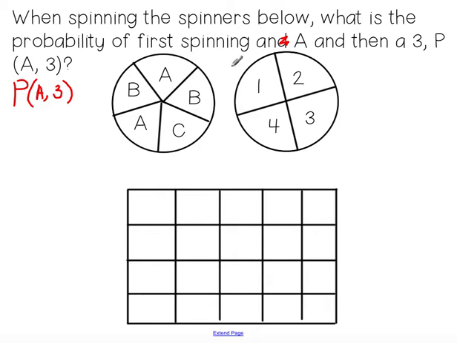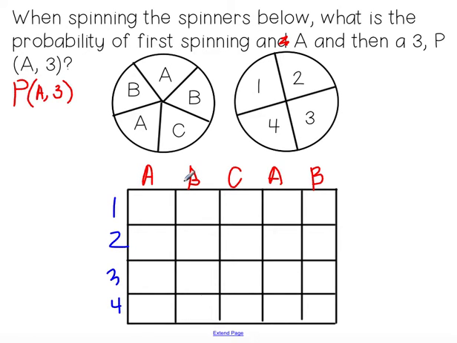So we have A, B, C, A, and B. Okay? And then we have, and I'll use a different color for this, 1, 2, 3, and 4.